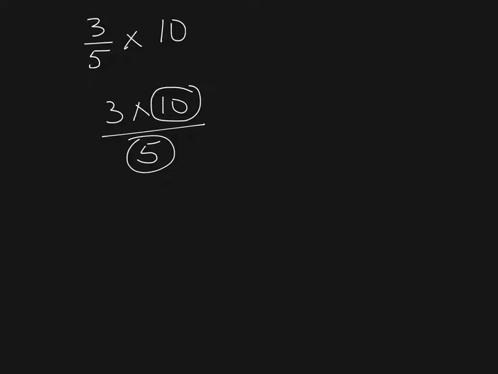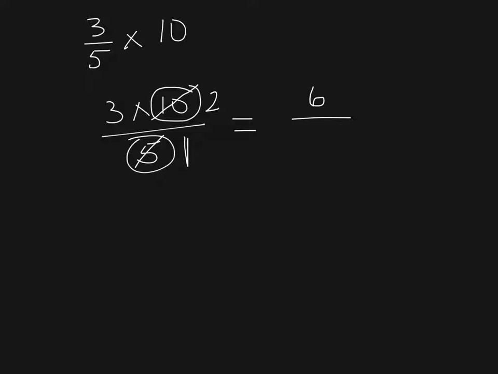If I think about how many times 5 will go into 5, of course, it's 1 time. And how many times will 5 go into 10? It's 2 times. So now I can simplify the numbers that I'm multiplying. Up on top, now I have 3 times 2 as my new numerator, and that will be 6.